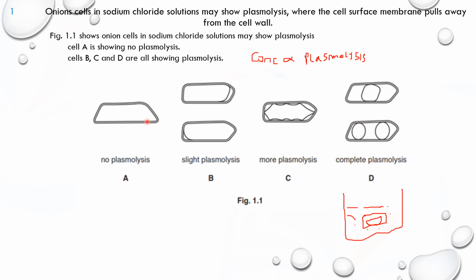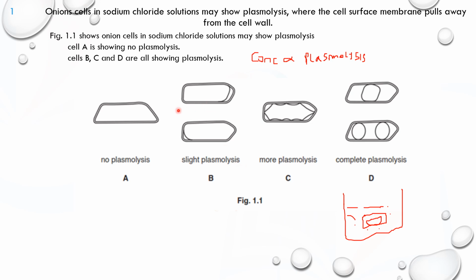If you look at cell A, this cell seems to be placed in an isotonic solution. Nothing's happening here. But cell B means that the solution is becoming hypertonic. That means the concentration of solute in the solution is becoming high, so the water potential in the solution is becoming less compared to the water potential inside the cell.